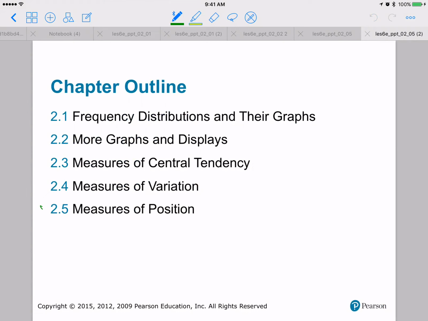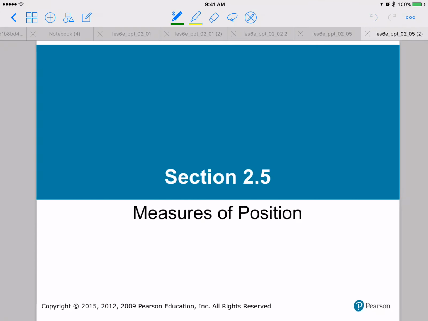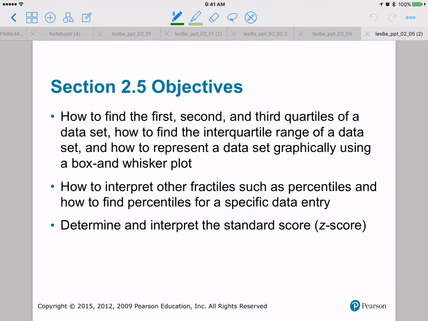So we are now on section 2.5, and we're going to be talking about measures of position. We're going to be working on 3 objectives. The first is going to be an objective about quartiles. Quartiles go hand in hand with box and whisker plots.